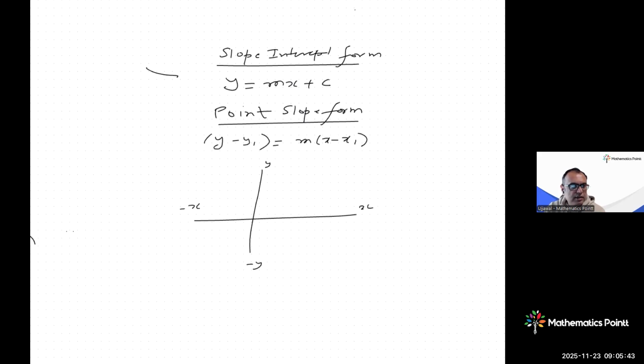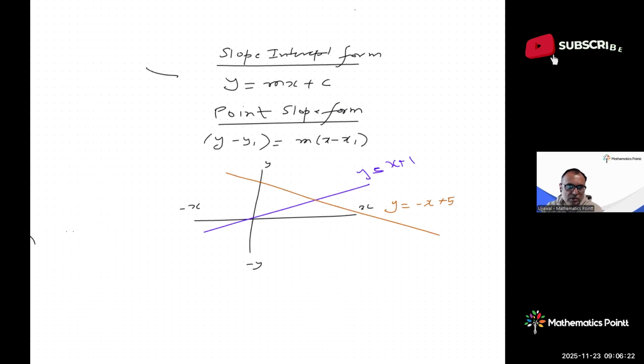Let's say the first straight line is blue, and hypothetically it is y equals x plus 1. And let's say I draw another straight line on the same Cartesian plane, and this is y equals negative x plus 5.